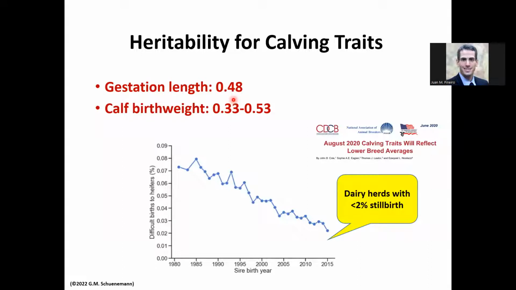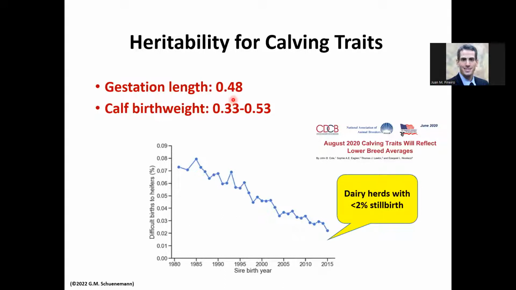When we look at historical data and research, we find a balance: you don't want to go too short in gestation length, and you also don't want to go too long. So it's about right. Most breeds now find that their average gestation is the one where the cows will perform the best, and you don't want to change gestation length.